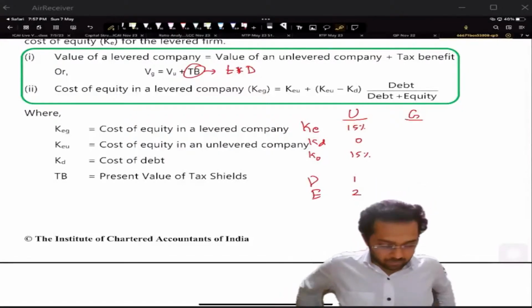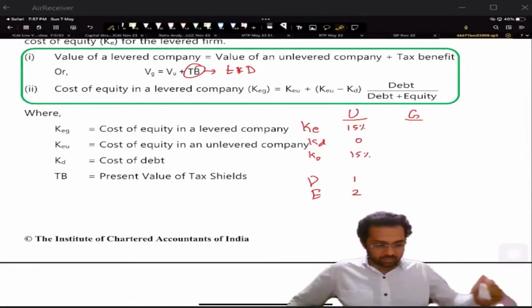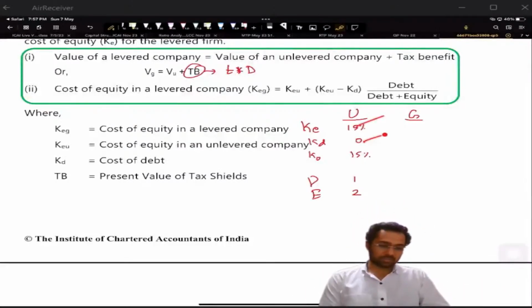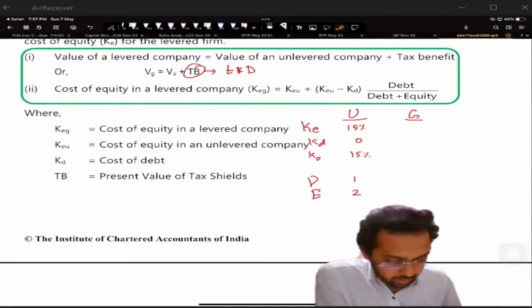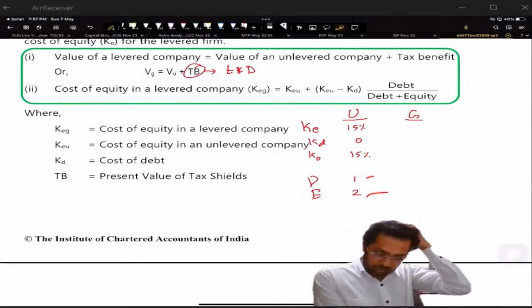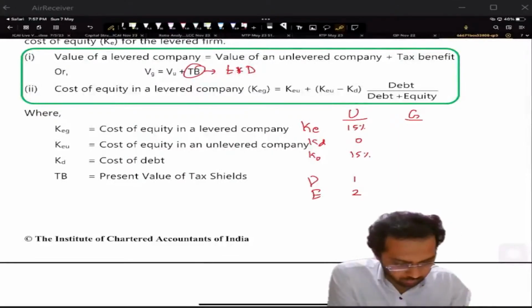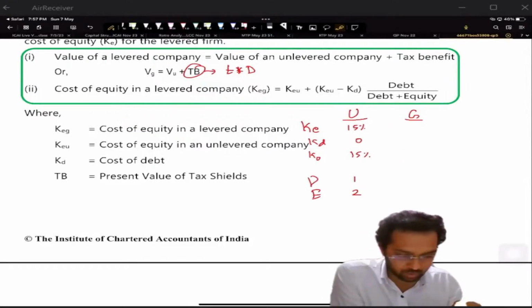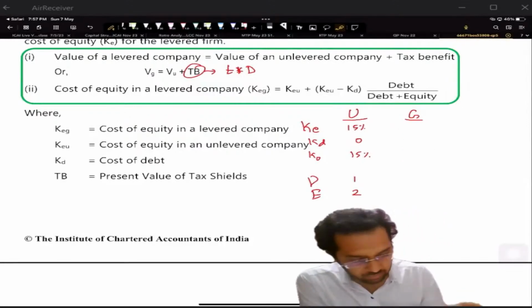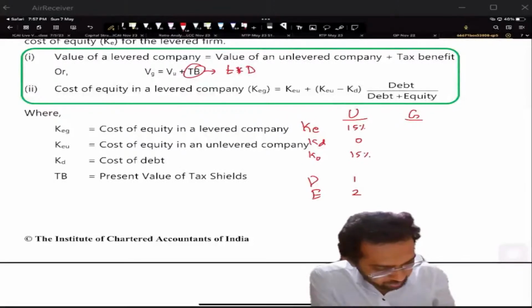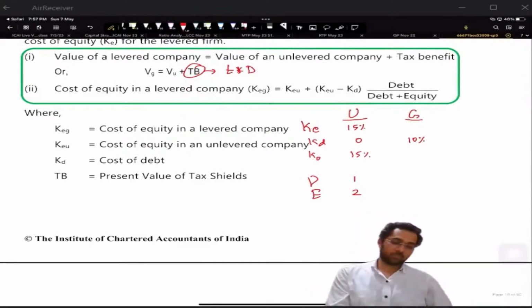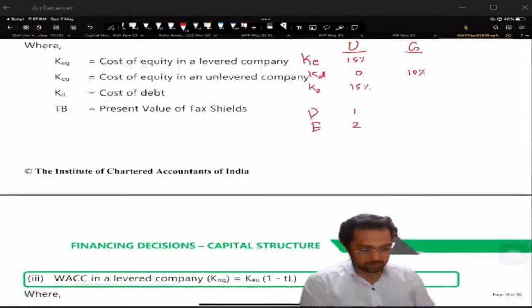For an ungeared company, we have cost of equity as 15%, cost of debt is 0, so overall cost of capital will also remain 15%, and debt and equity are in the ratio of 1:2. Okay. So we want to know what will be the overall cost of capital and cost of equity over here. Now, suppose in case of the geared company, we only have information that cost of debt is 10%.